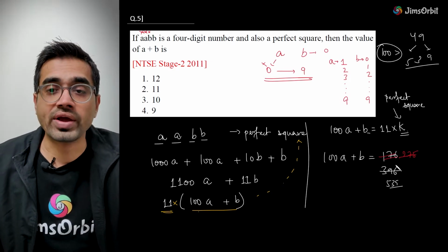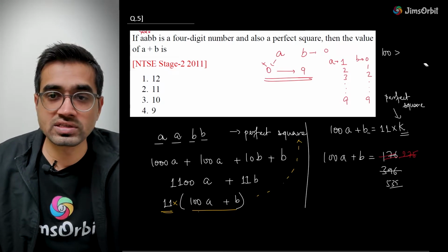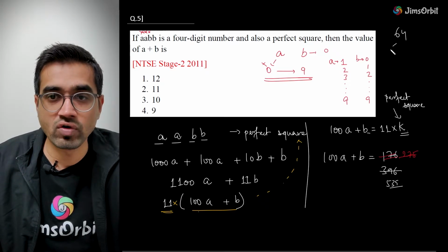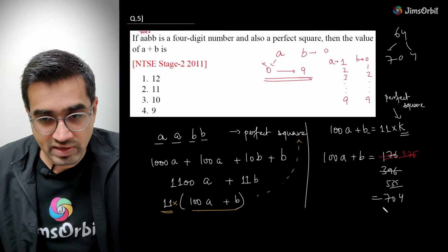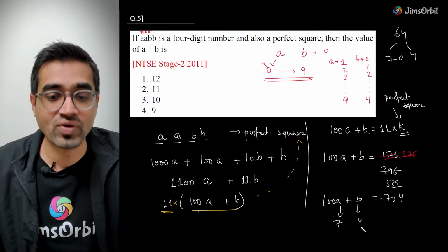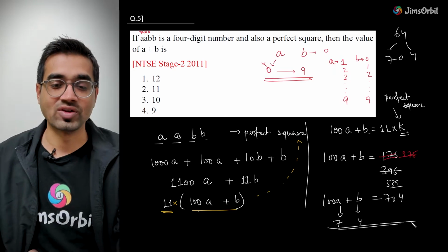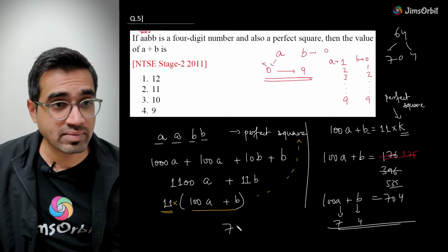Not possible. Okay, what about 8? So 8 square is 64. What will be 64 into 11? So 4, 6, 7. Okay, so 704. If I put A as 7 and B as 4, I will get 7744. Done. Got it. So now you are finding that A was 7 and B was 4.